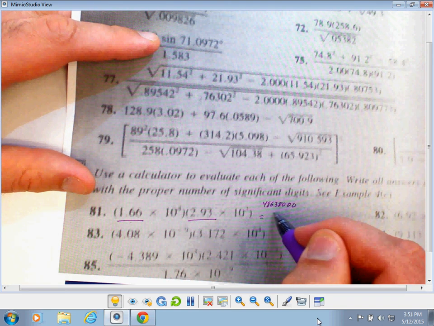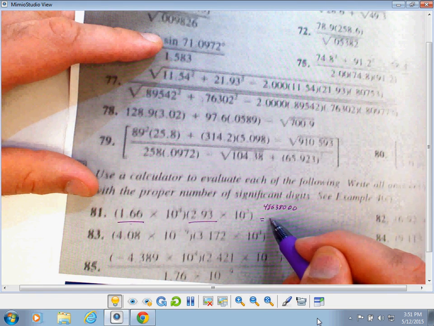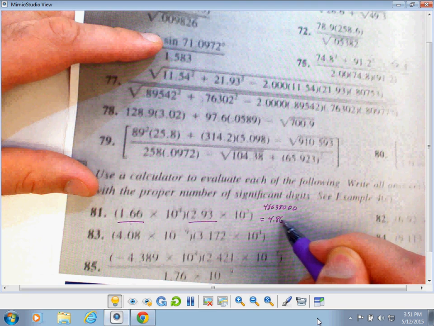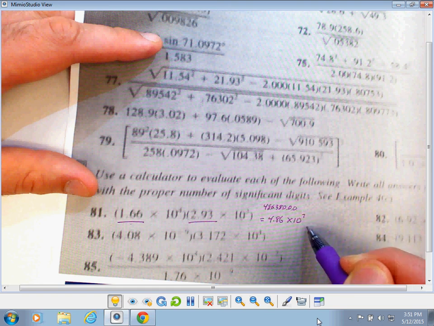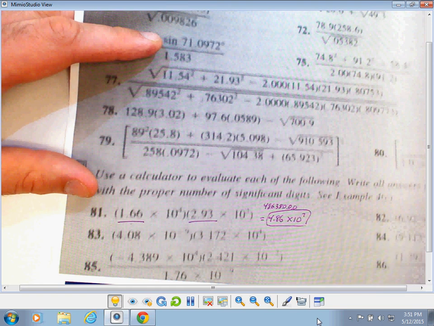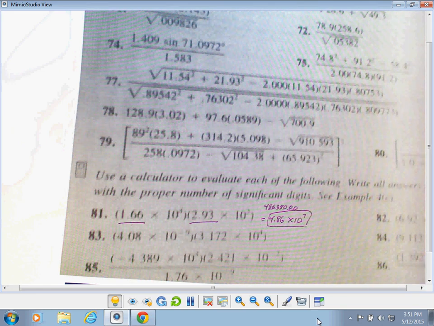And I need to write it in scientific notation, but only to 3 significant digits. So really it's 4.86, and I stop, times 10 to the 1, 2, 3, 4, 5, 6, 7. Final answer. So it works the same way as all the other sig fig problems.